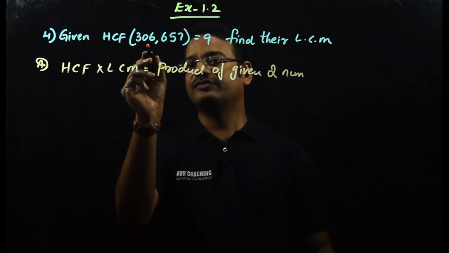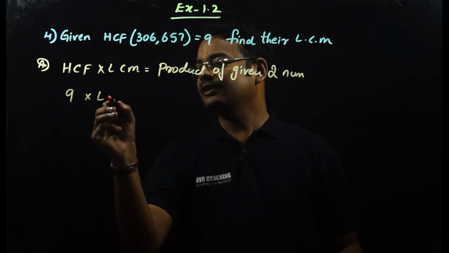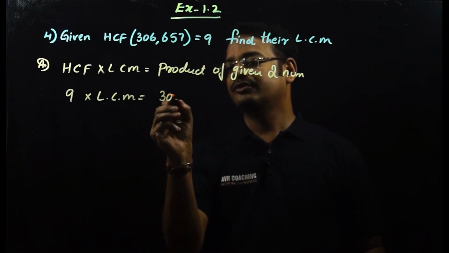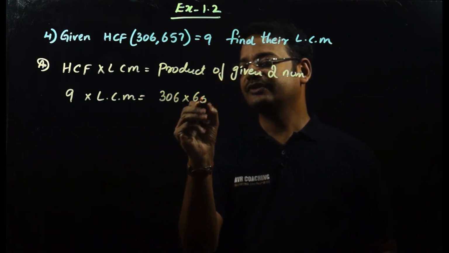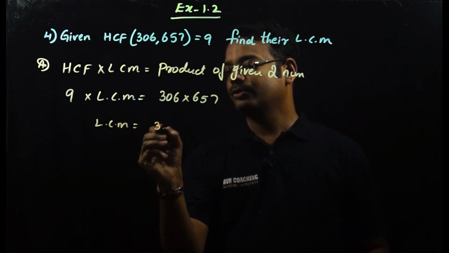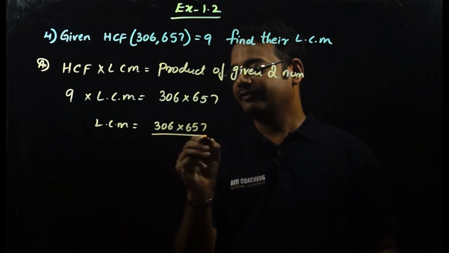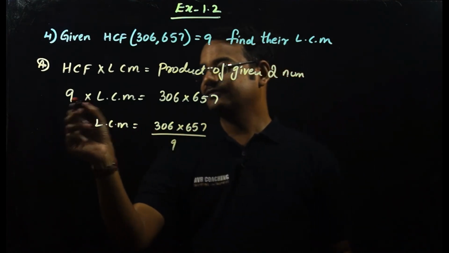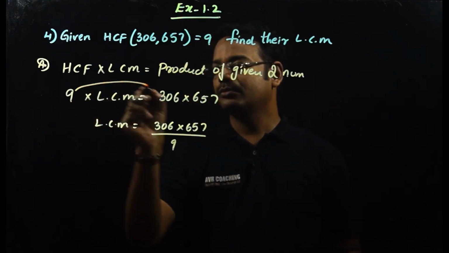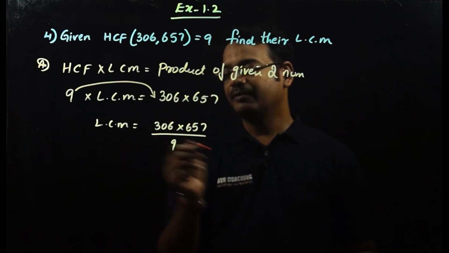The HCF of 306 and 657 is 9, we don't know the LCM. So the LCM is equal to 306 into 657 divided by 9. Because this is multiplication, 9 into LCM, we bring 9 to the right side of the equal sign, so it becomes division.